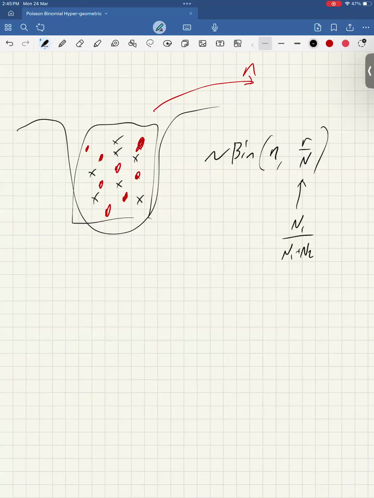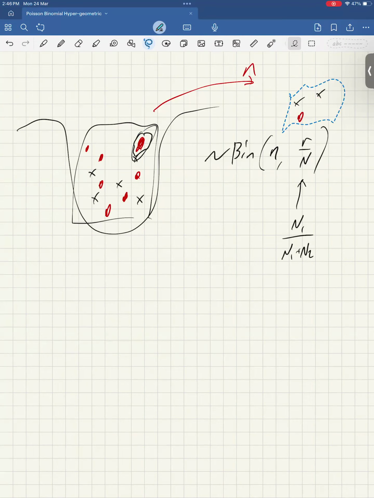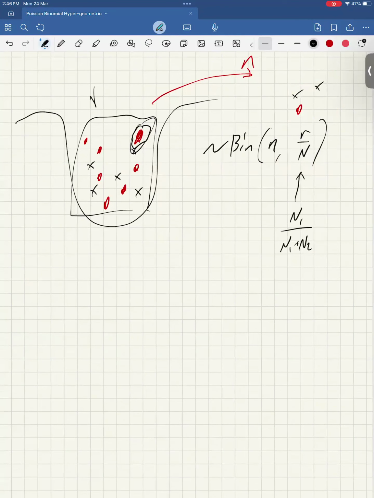The whole thing with a hypergeometric distribution is that every time we pull an apple out, it's out, okay? And that's it. It changes the sample. So you no longer maintain a situation of IID sampling.